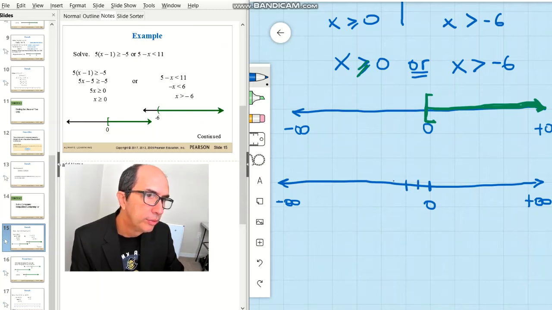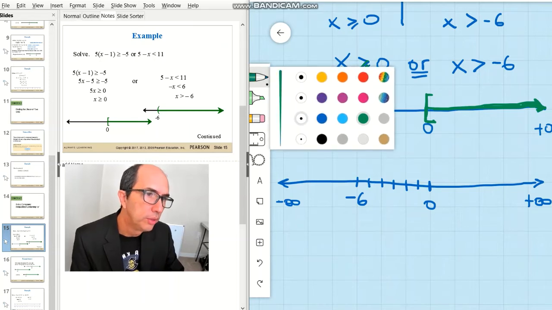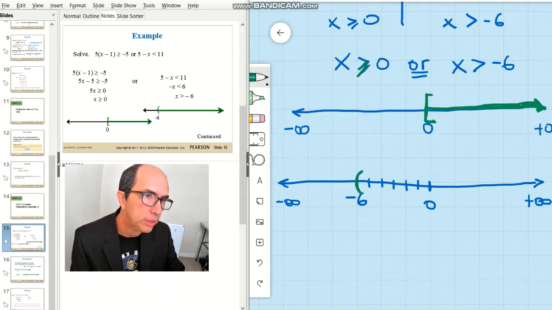Negative 1, negative 2, negative 3, negative 4, negative 5, negative 6. X is greater than negative 6. There's no equal sign, right? So let's draw here the parentheses because negative 6 is not included in the set. And everything to the right side of negative 6 is included.